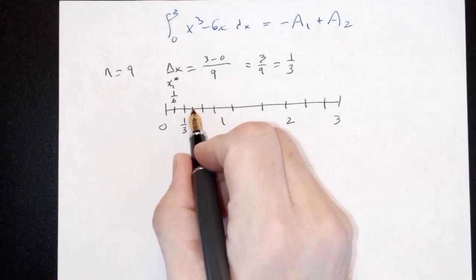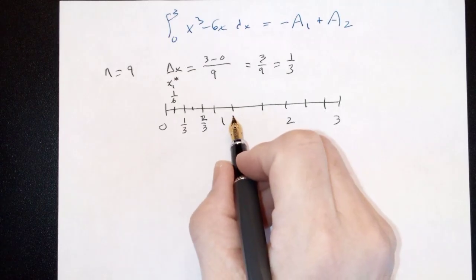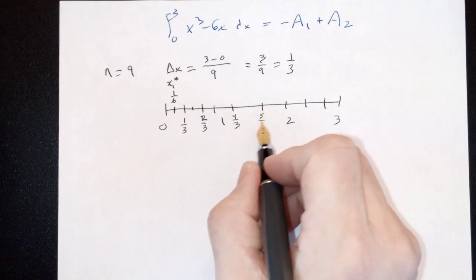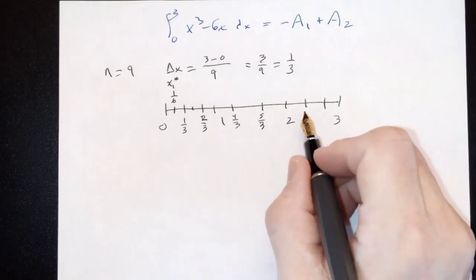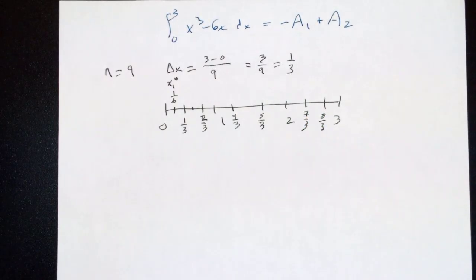Do the same thing for each of the 9 subintervals sitting here. So halfway between 1/3 and 2/3: 1/3 plus 2/3 divided by 2 is a half.